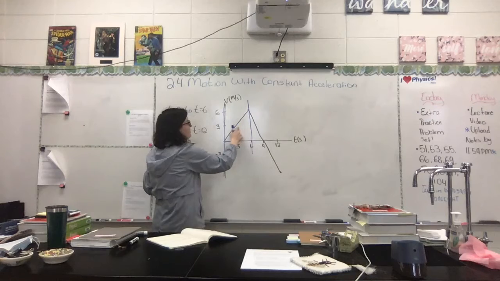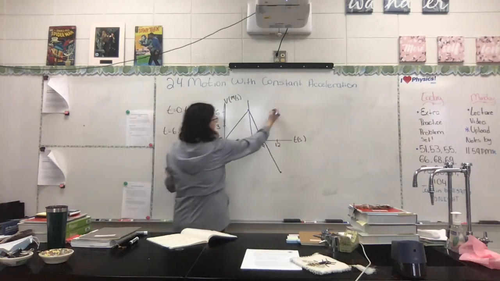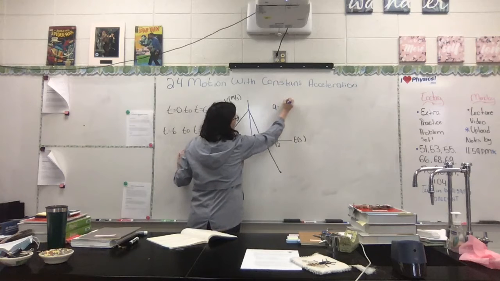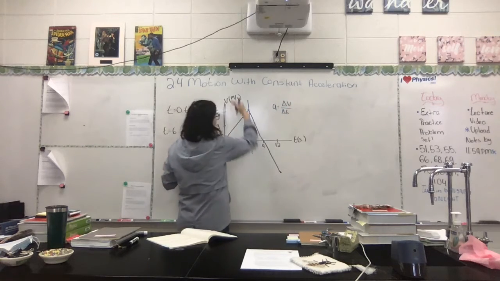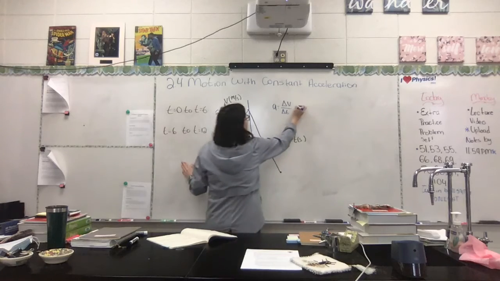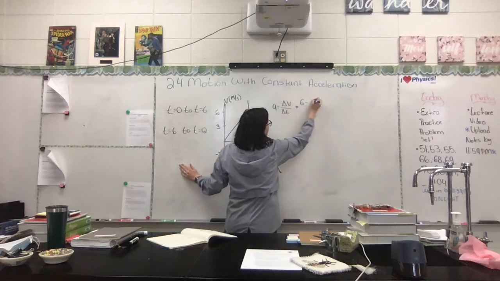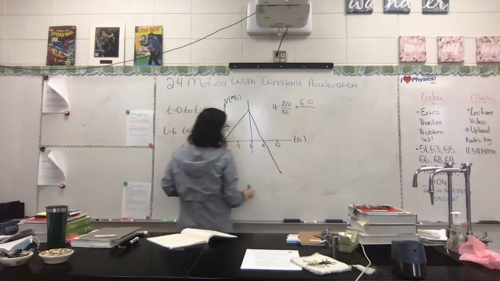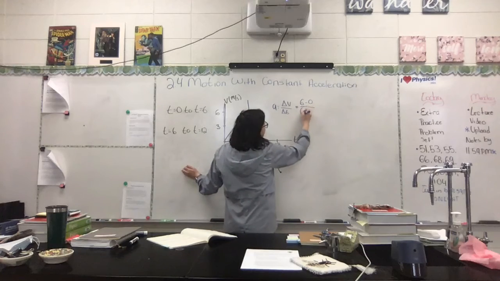So we want the slope of this line. Acceleration is equal to delta v over delta t, and that's our rise over our run. He's ending at 6 meters per second, started at 0 meters per second, and he's ending at 6 seconds and started at 0 seconds.